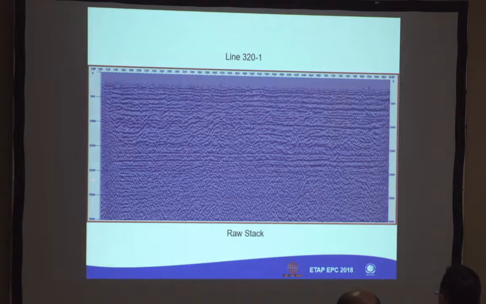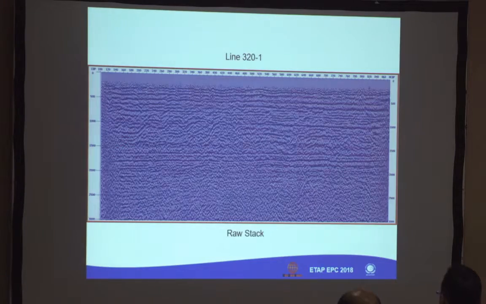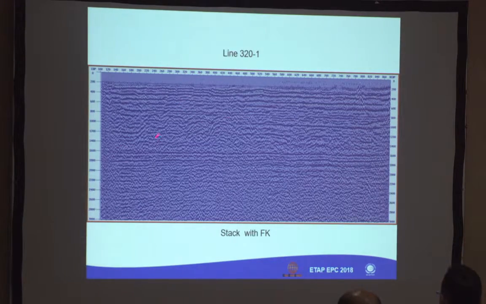If you go now step by step, you can see this is the raw stack, and we can see some problems here. Static problems almost. And this is the stack with the FK for the ground roll attenuation. It's a little bit better, but we still have some static problems.